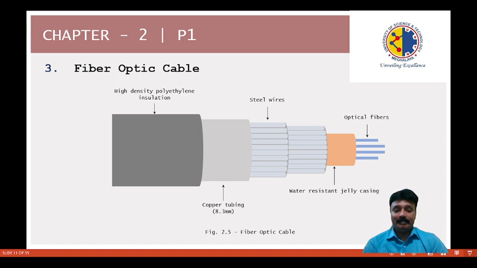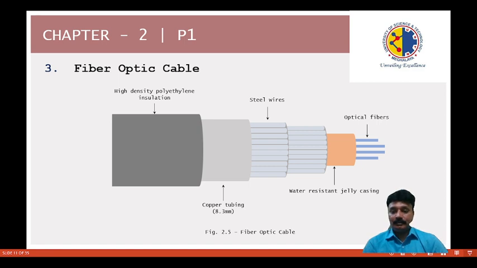How can this take place? Because we are transferring data over long distances at high speed from one sender to a receiver. In these fiber optics, lights will carry the signal.